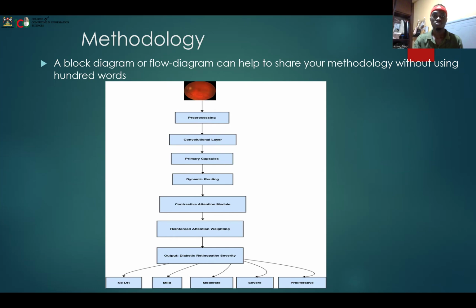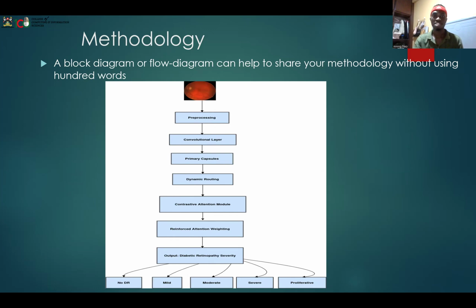Then after that, it moves on to the convolutional layer, the CNN. This CNN extracts the important features of the image, like the hemorrhages. And then we move on to the primary capsules. The primary capsules convert these important features from the CNN into capsules, since our model is using capsule networks for diabetic retinopathy.